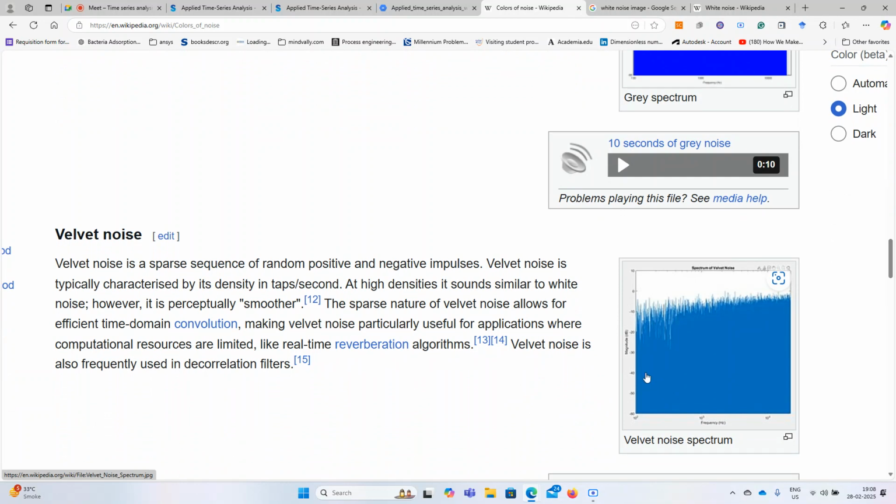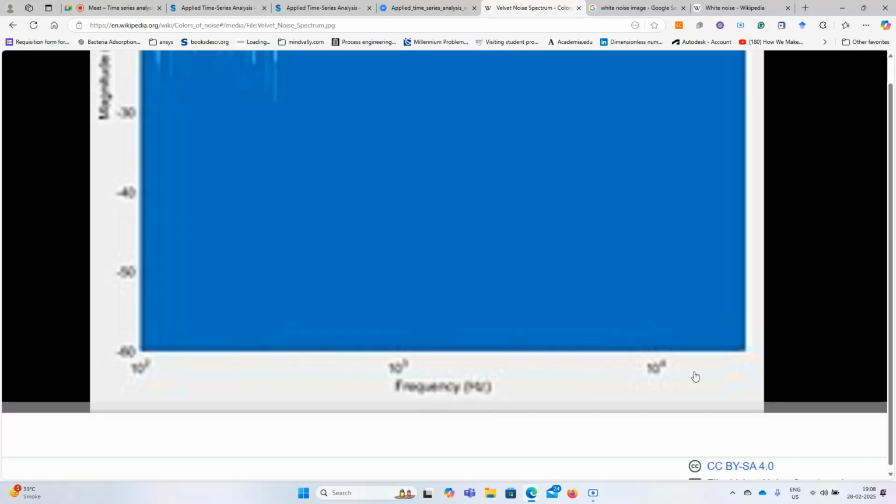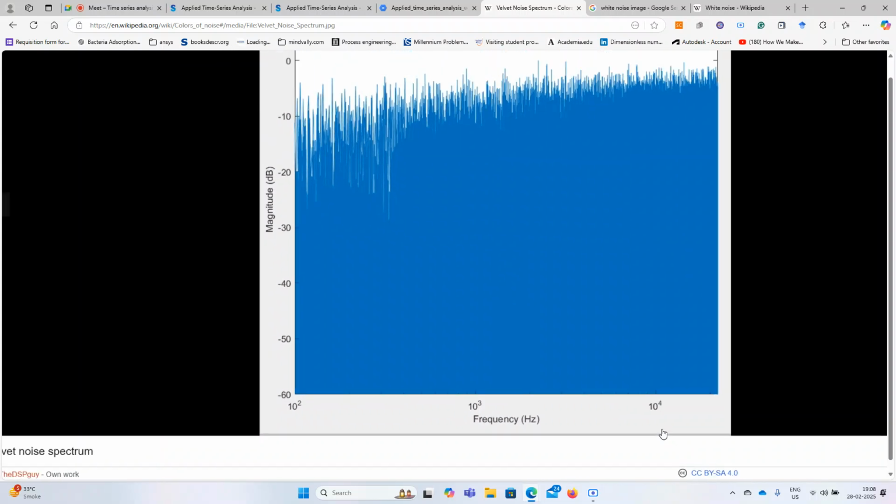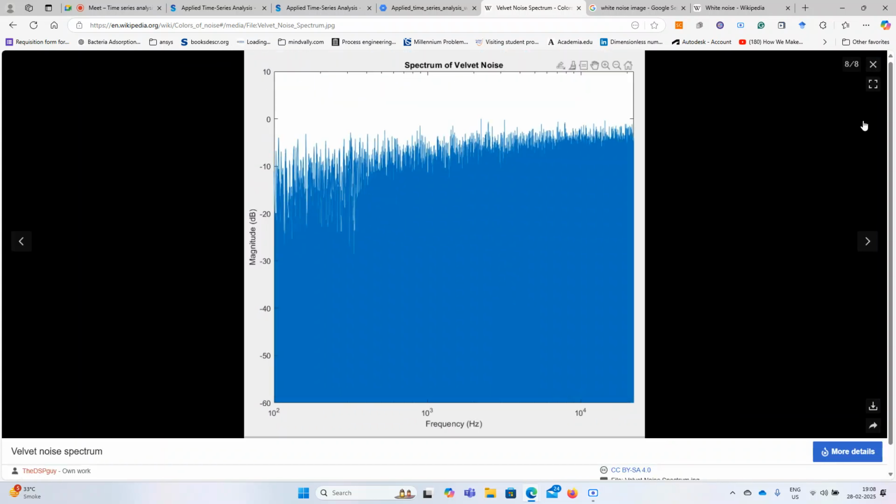When you have noise that reverberates to itself, it resonates. Resonance and reverberation are different, but based upon how much intensity there is, it recursively superimposes on itself. That is velvet noise, not violet, velvet noise.